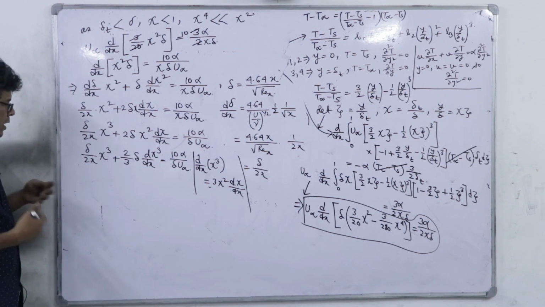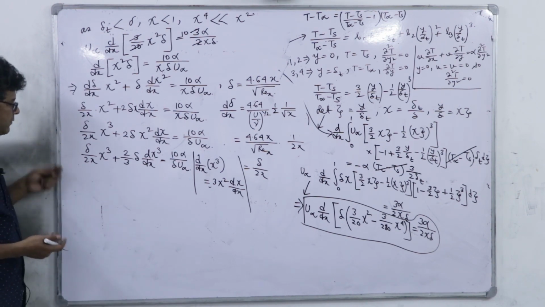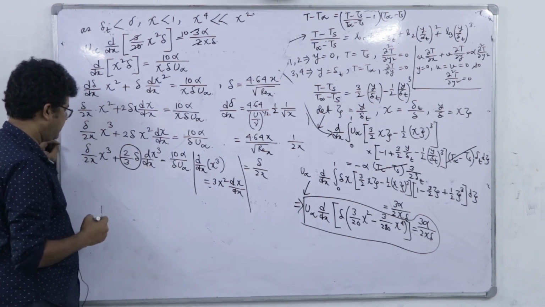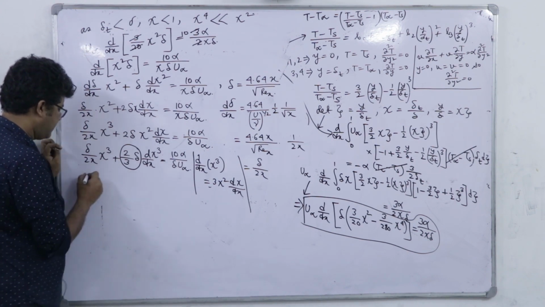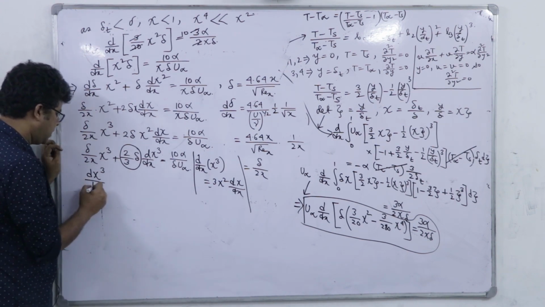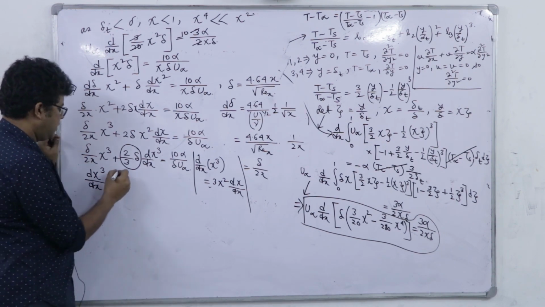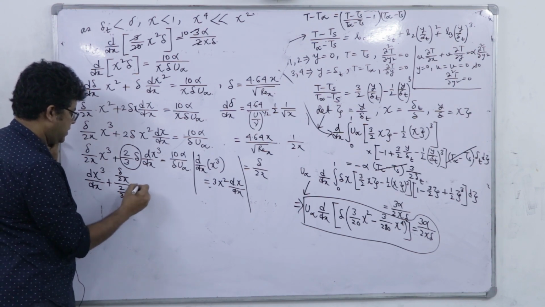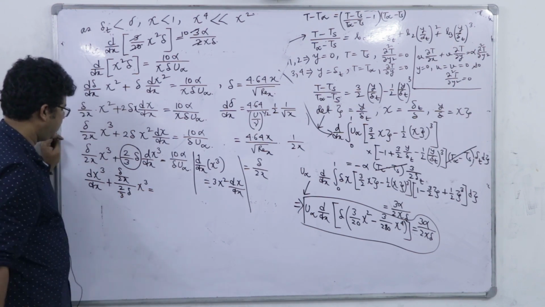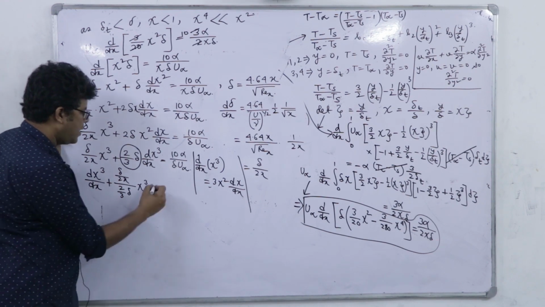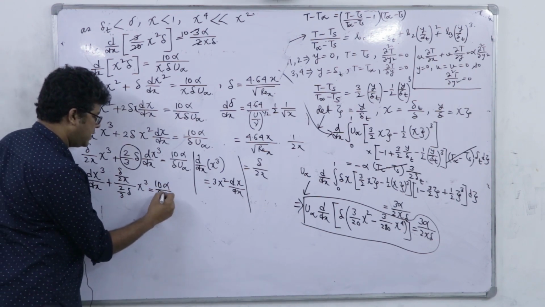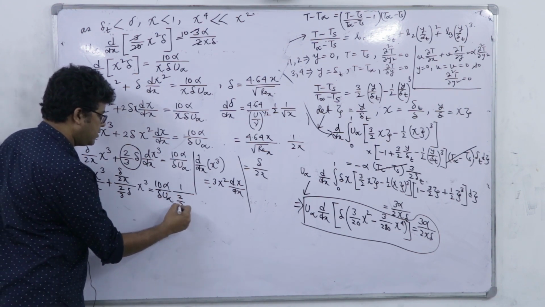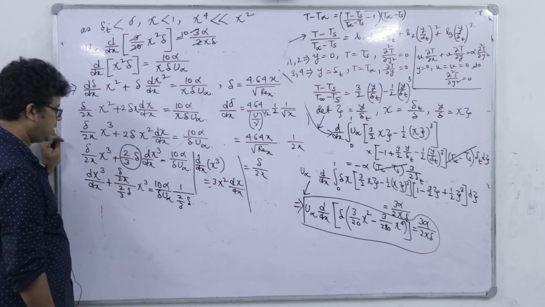So now if I divide this entire equation by 2/3 of delta, I will get d chi cube/dx plus delta divided by 2x, 2/3 delta into chi cube, is equal to 10 alpha divided by delta into u infinity and 1 divided by 2/3 delta, right?